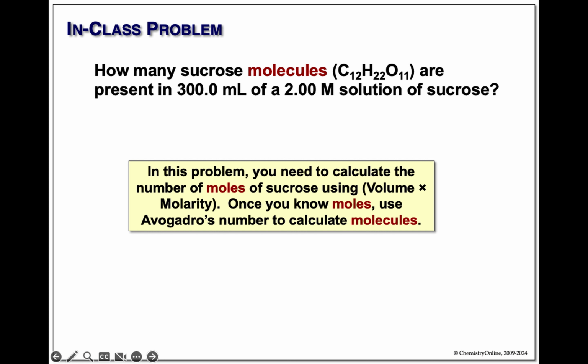Then we remember, Avogadro told us 6.02 times 10 to the 23rd things in a mole. So we know moles, we know his number, we can calculate sucrose molecules. 2 steps, but not hard.